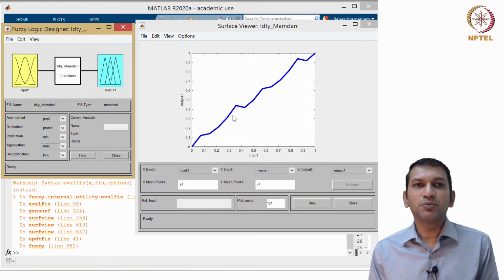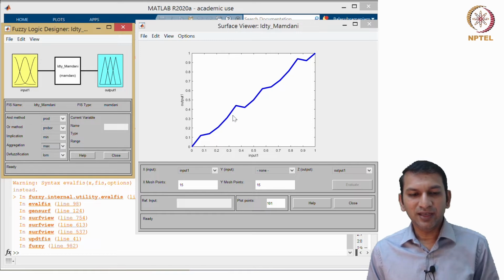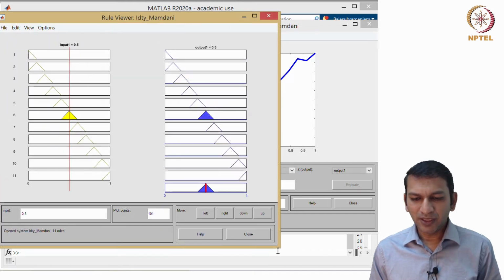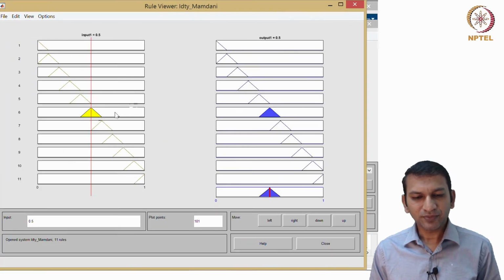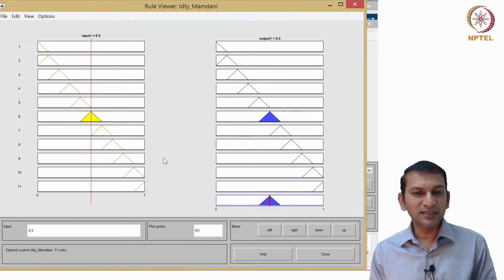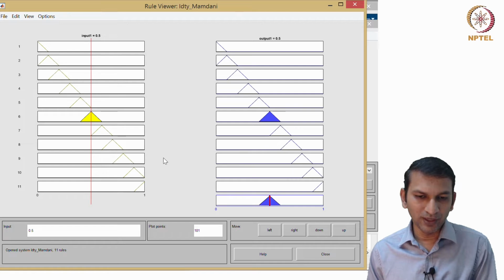What captures this monotonicity? Clearly, in this case, we have seen it is the rule base which has captured this monotonicity. We see from here, there seems to be some kind of an ordering on the input fuzzy sets and output fuzzy sets in terms of the antecedents and consequence that we have considered in the rule base.